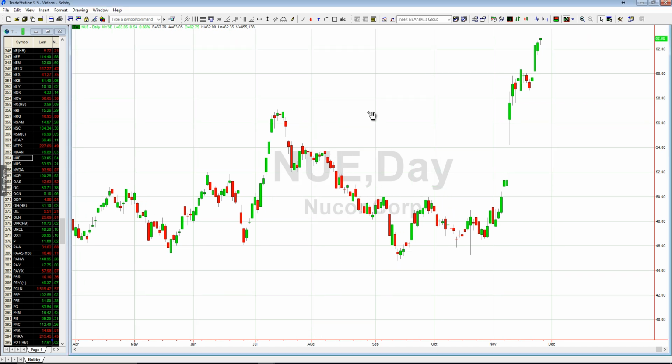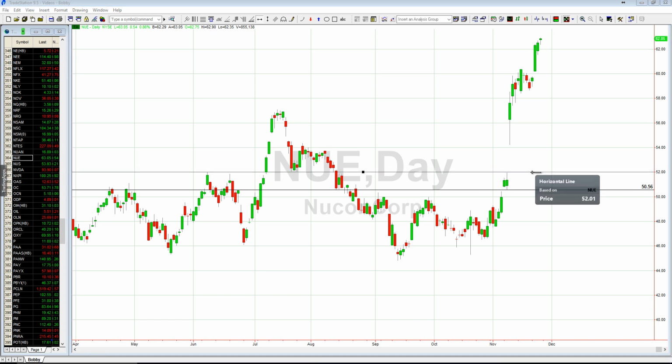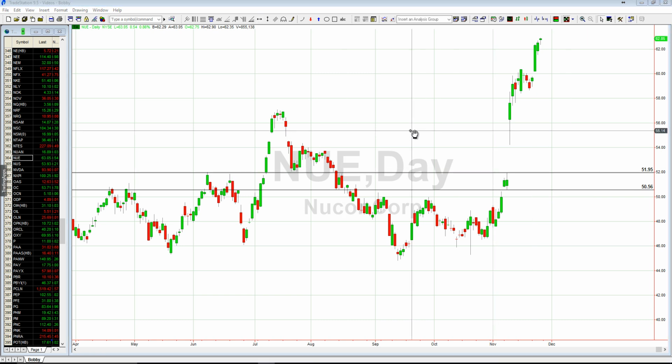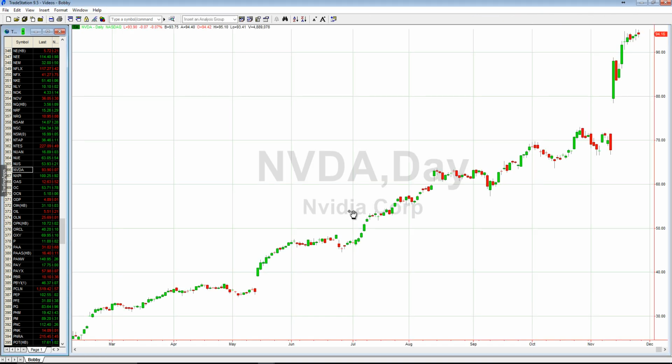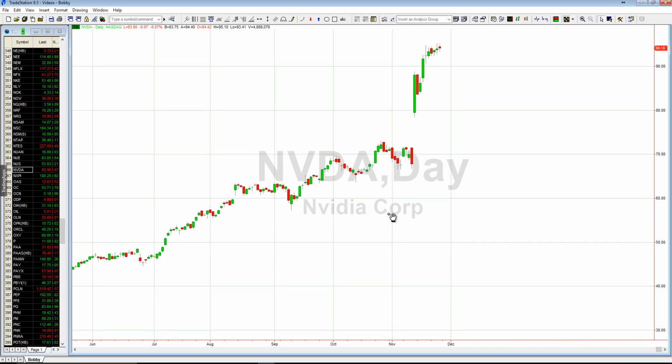Okay, again, the only real strong zone I see that's still valid on this chart. Seem to have a lot of gap ups lately on a lot of these stocks. Okay, it's going to be this area here, again, this area where it gapped up from.